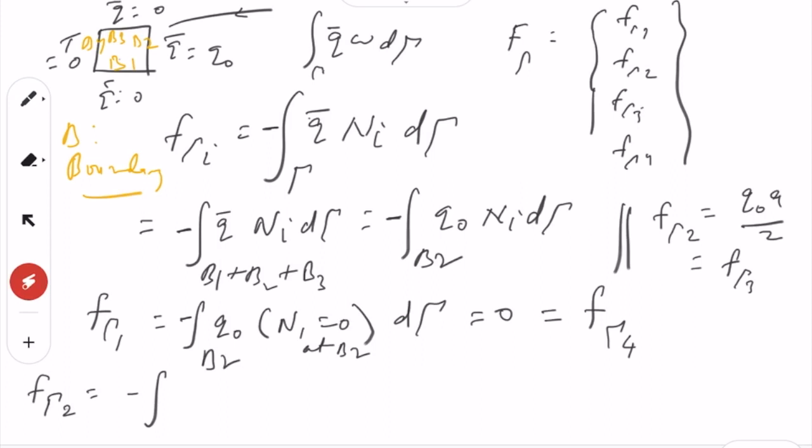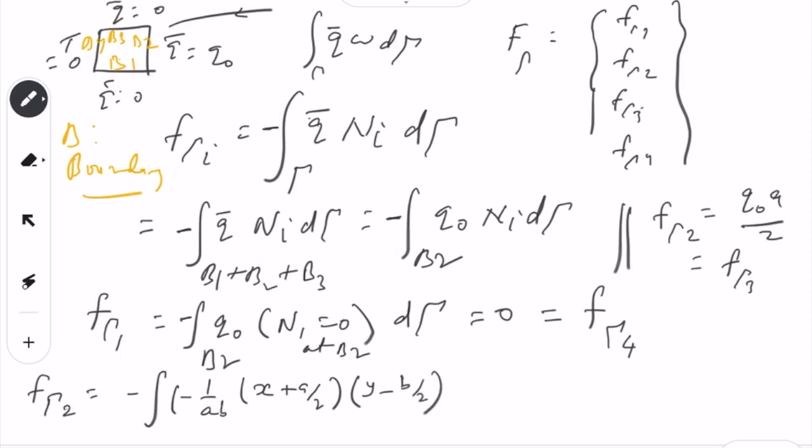So N2, which we used, was equal to minus 1 over AB, times x plus A over 2, multiplied by y minus B over 2, right?